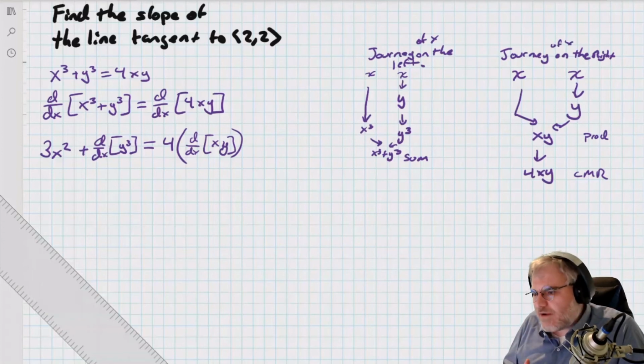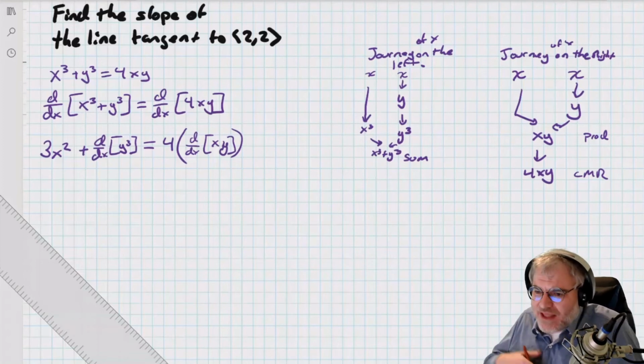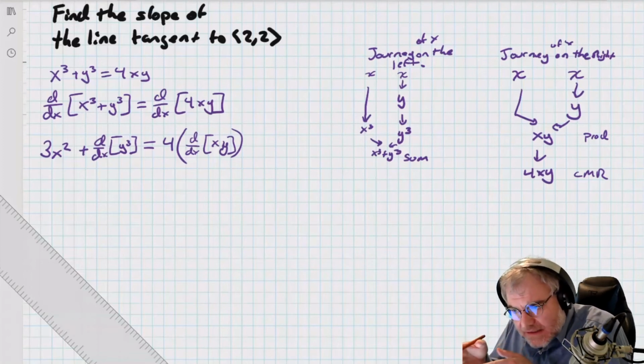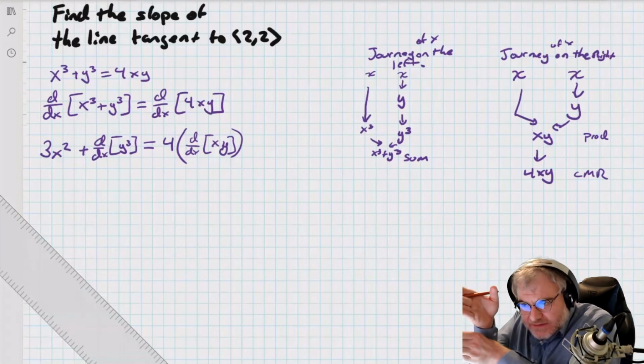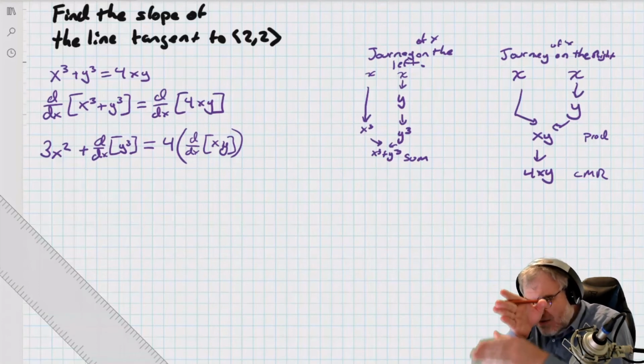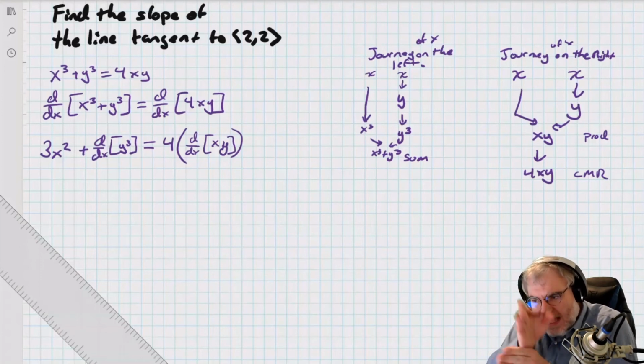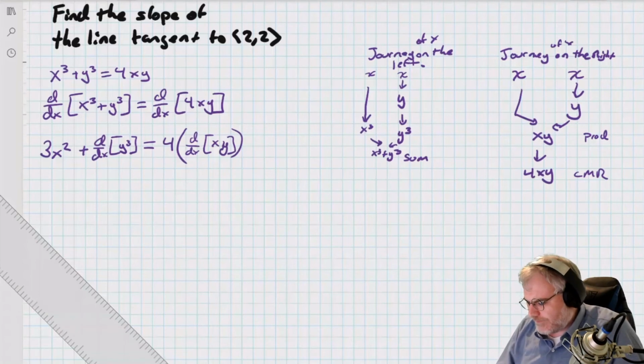And this idea that x just became y, I don't know how it happened, but I knew it happened. I know that when I wiggle x, it's going to wiggle y. Right? Somehow x affects y. If I wiggle x, I'm going to wiggle y, which is going to wiggle y cubed. Okay.